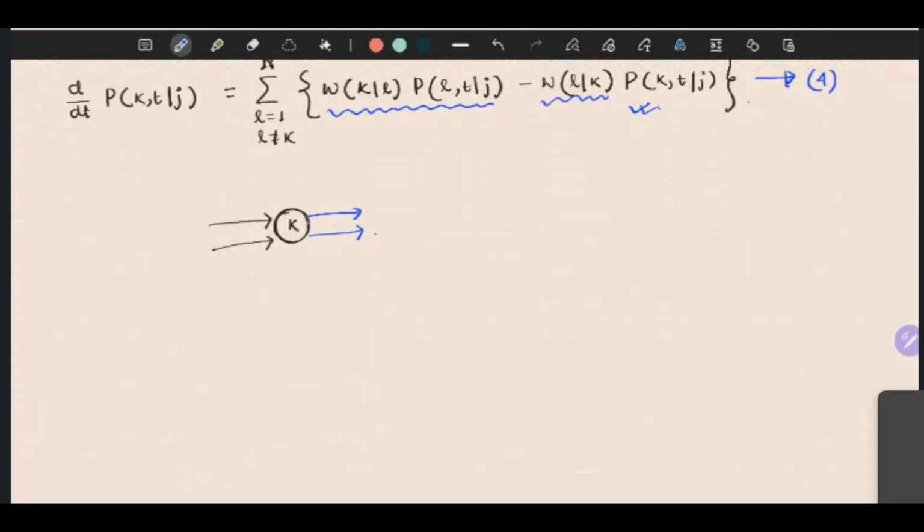Now for each initial state J, this should be satisfied.